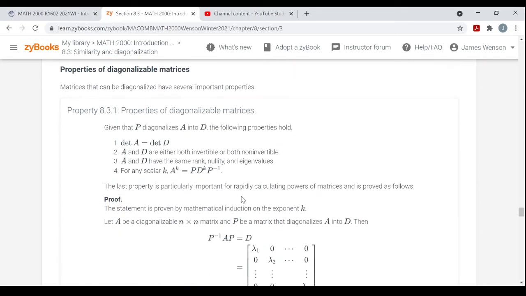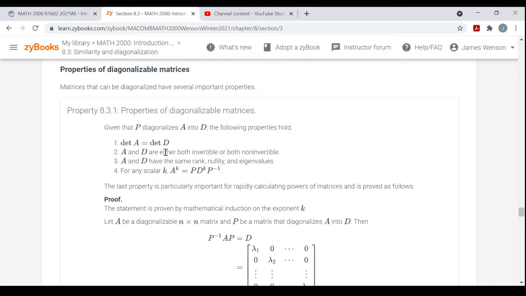All right. So now on to some properties of diagonalizable matrices. All of these properties, except for number 4, the first 3 properties, hold simply because these matrices are similar. Remember the properties of similar matrices that were stated earlier in this video. I know it's been over an hour, but similar matrices have the same determinant.